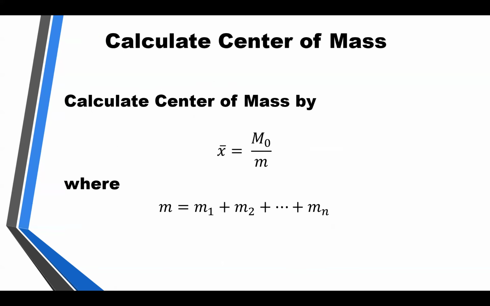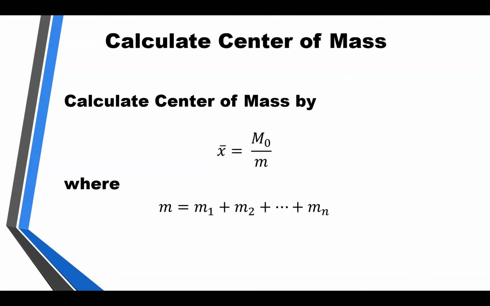The way we calculate center of mass is we take the moment, again, this M sub 0 is basically the moment from 0, and divide it by the total mass of the thing we're looking at. And it turns out that numerical x value will be where the center of mass is in that x direction.